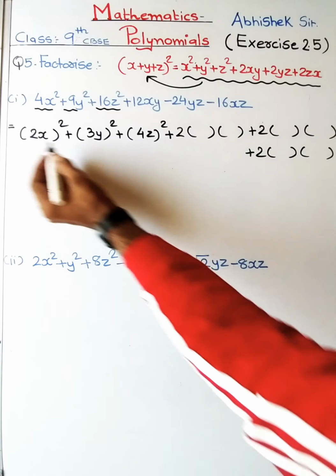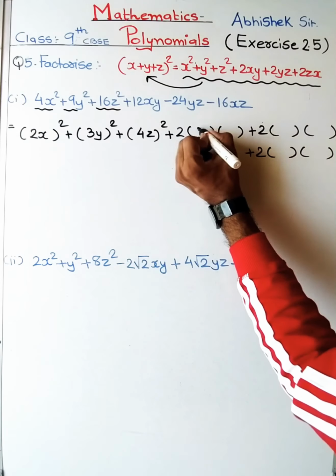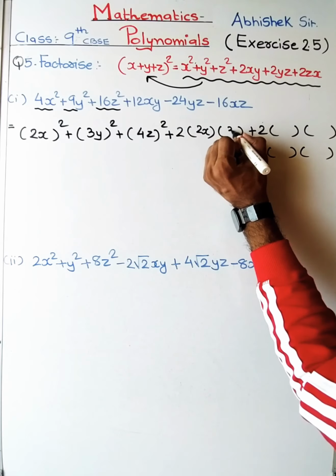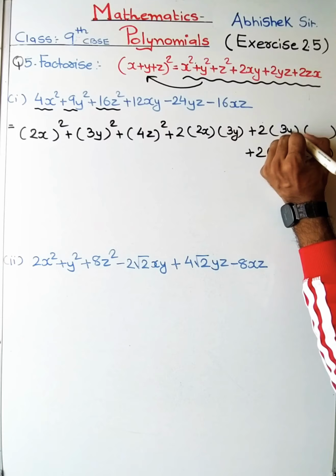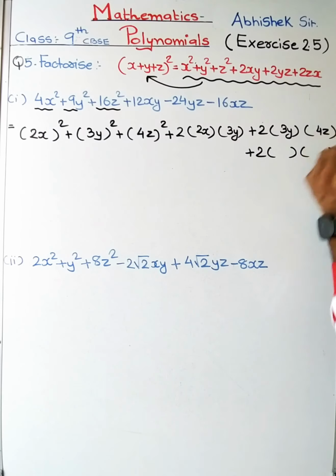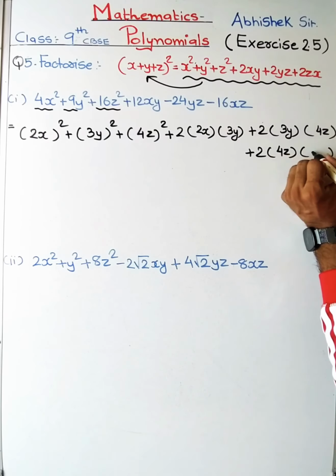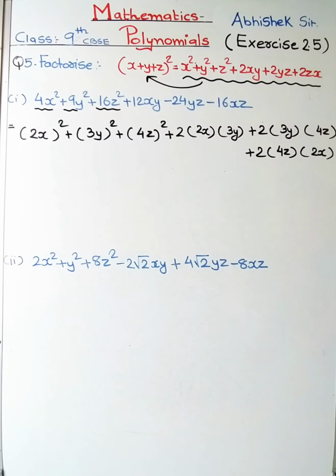Clear? In the first two bracket, let us write 2x and 3y. Next two bracket, let us write 3y and 4z. Then we will write 4z and 2x. Clear? Again big brackets because we have to introduce minus sign as well. Clear? Now check very carefully.